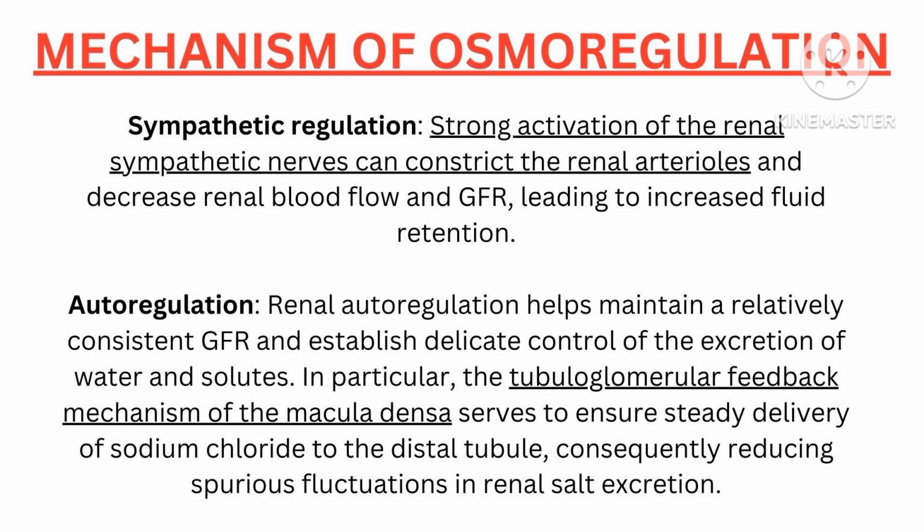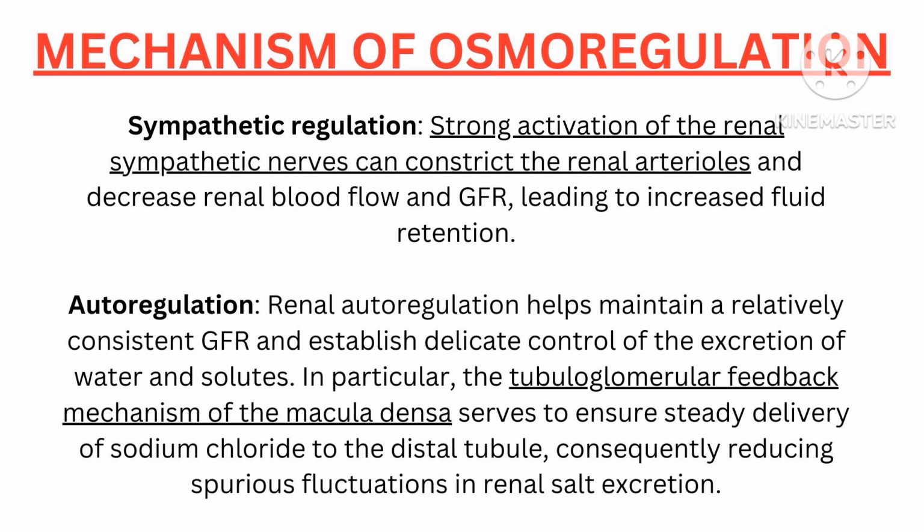Sympathetic regulation. Strong activation of the renal sympathetic nerves can constrict the renal arterioles and decrease renal blood flow and GFR, leading to increased fluid retention. Autoregulation. Renal autoregulation helps maintain a relatively consistent GFR and establish delicate control of the excretion of water and solutes.